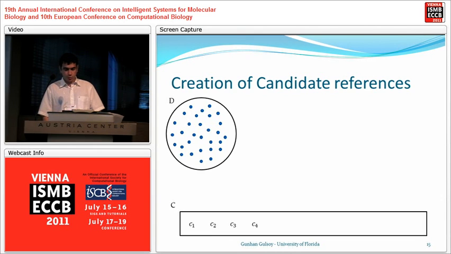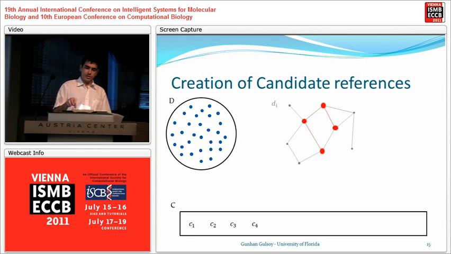In order to start creating a candidate reference, we first select a random network from our database. Then we pick a random node from it, and we extract a seed from this network using random walk. We continue the random walk algorithm until we reach the limit for our reference network size.